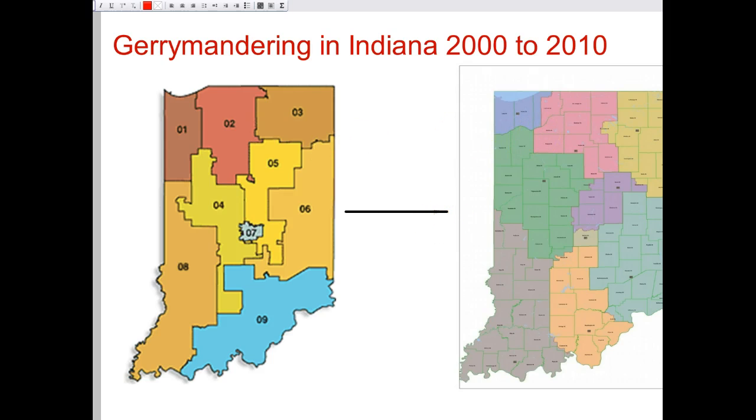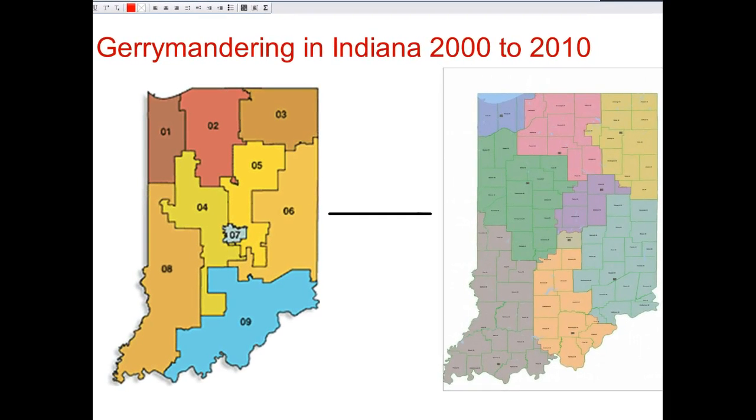Let me extend this out a little bit. These were the districts in Indiana in 2000, and what we had was a 5-4 breakdown, with Democratic districts in the majority.